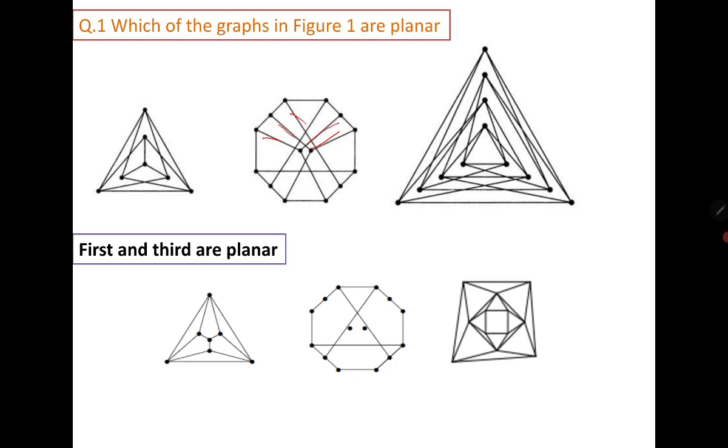Please do try by yourself. There are 6 vertices, and the other vertices are of degree 2, so therefore it forms a subdivision of K33, and therefore from Kuratowski theorem it is not planar.